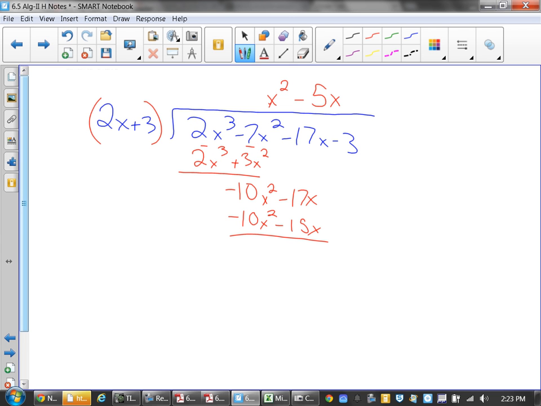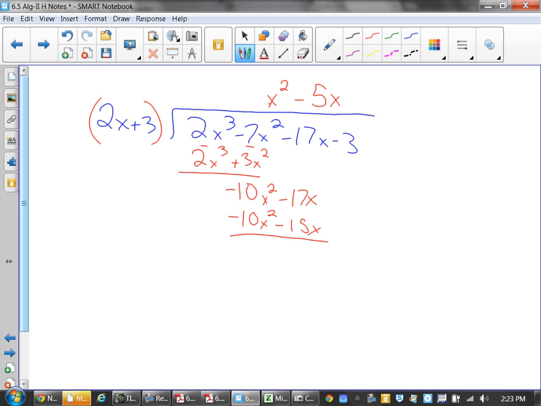I want to take the 2x and change it into a negative 10x squared. So what we're doing is we're working backwards, multiplying it by something to change it into the term above. Right? So now negative 10 minus negative 10 is 0.